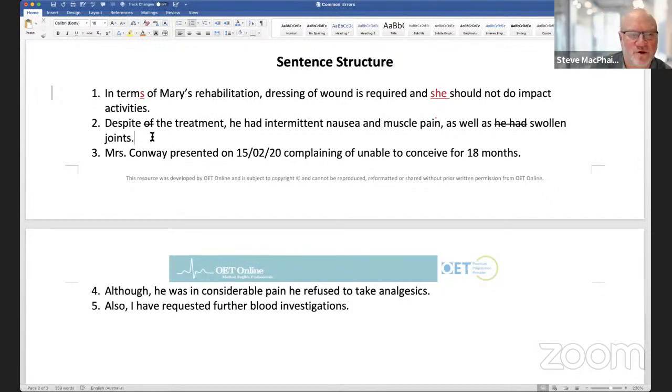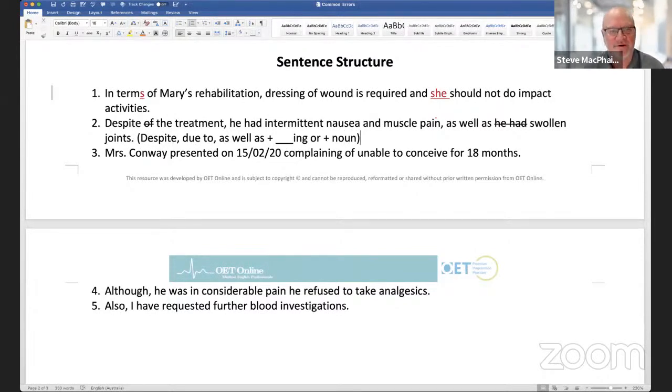So certain words like despite, due to, as well as, these words are followed by the -ing form or by a noun.